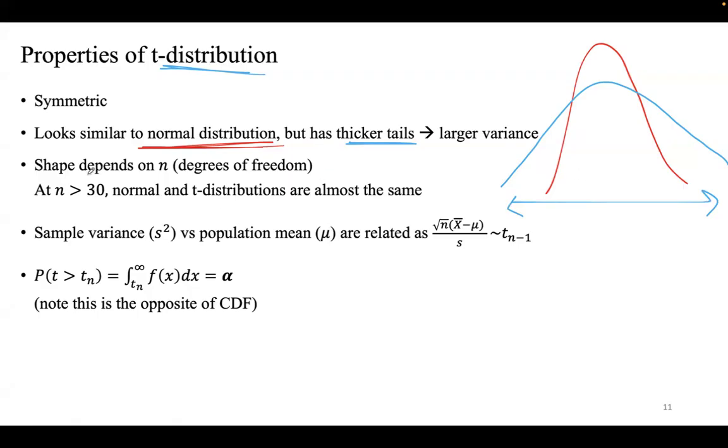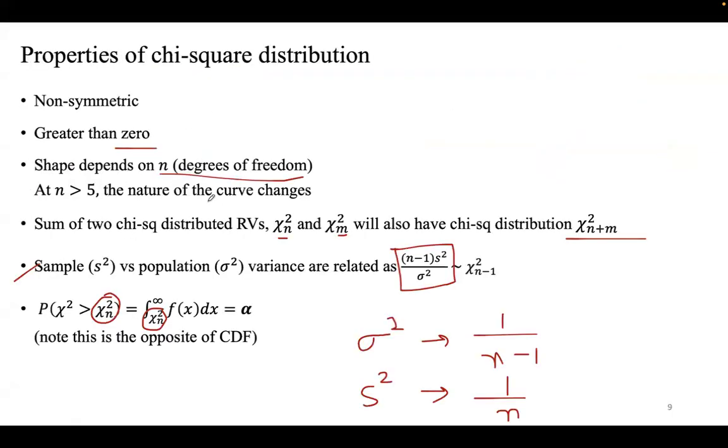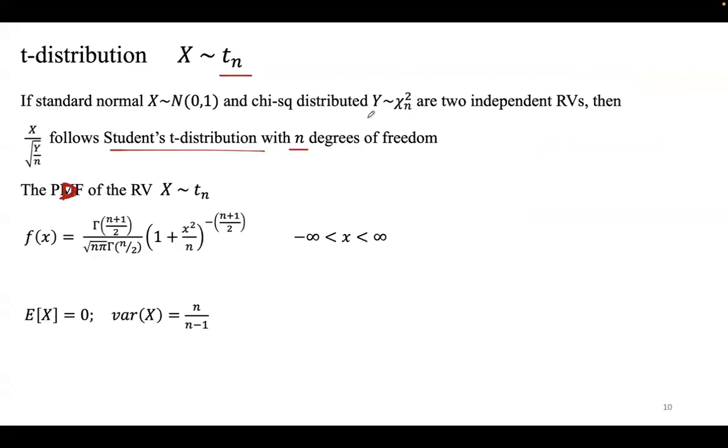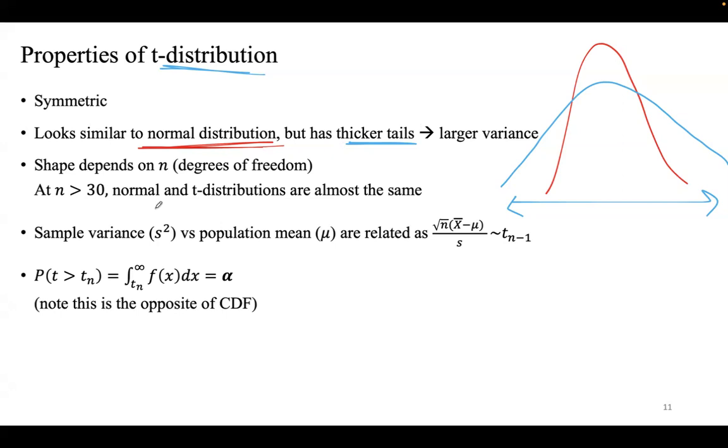And what happens is the shape depends on n. Of course, it's going to be slightly different every time. That's even applicable for chi-square distribution. It depends on n. Shape depends on n. And here also the shape depends on n. But when this n is really large, 30 or more, then chi-square and normal distribution almost become the same.